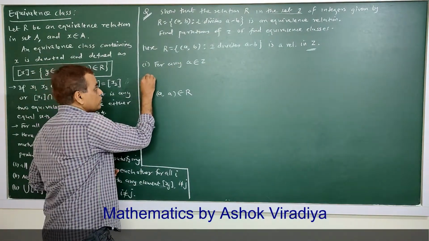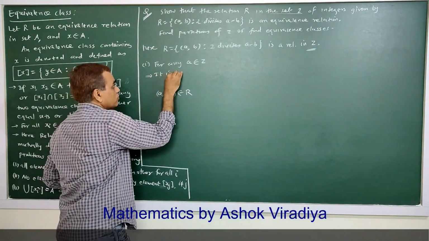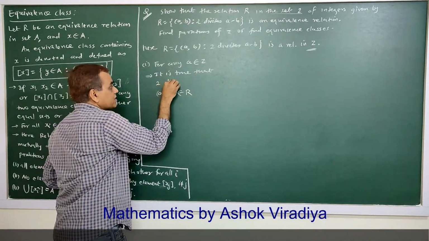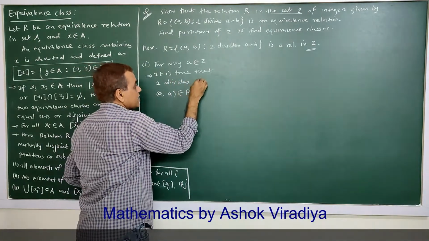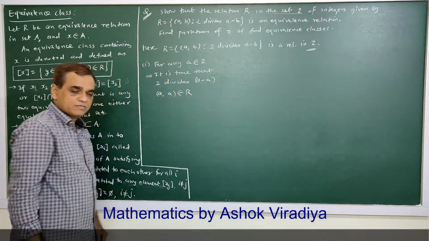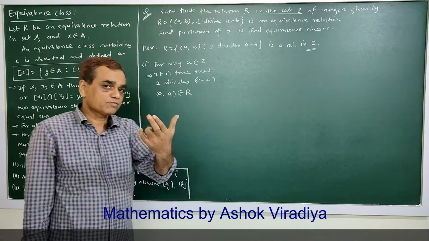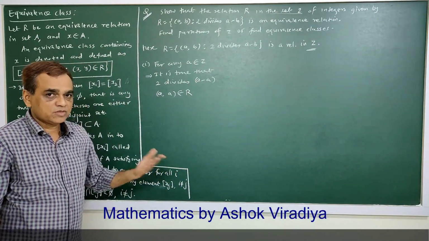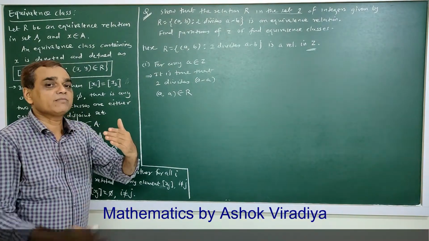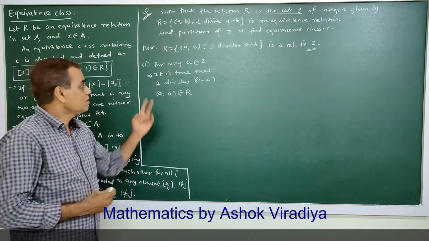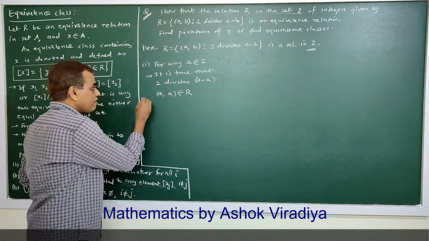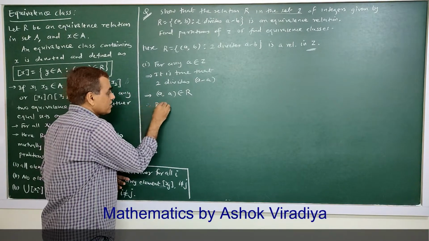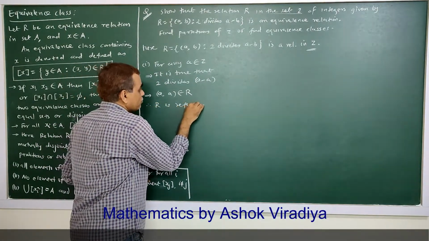For a belonging to Z, it is true that 2 divides a minus a, because a minus a is 0. 2 divides 0, that is always true. 0 is divisible by every number. So 2 divides 0, that is true. Therefore, (a, a) belongs to R. Therefore, R is reflexive.